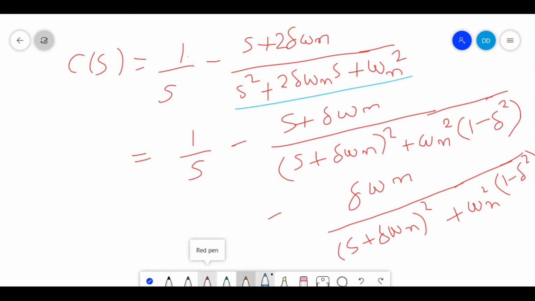So this particular second term, we split it into two, this and this one. So we have three terms here, first term, second term and the third term.